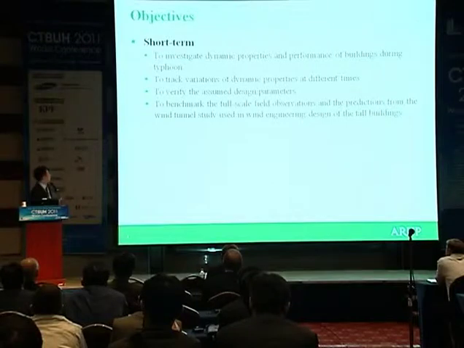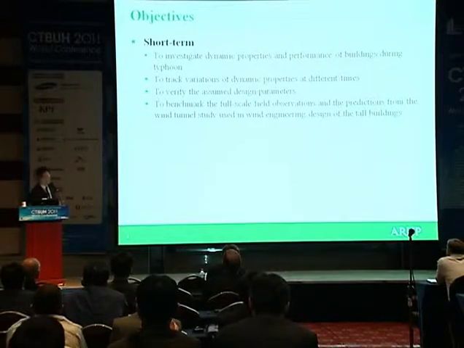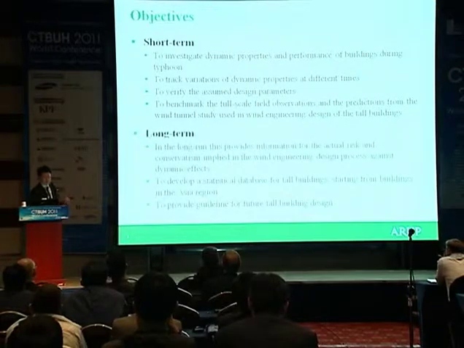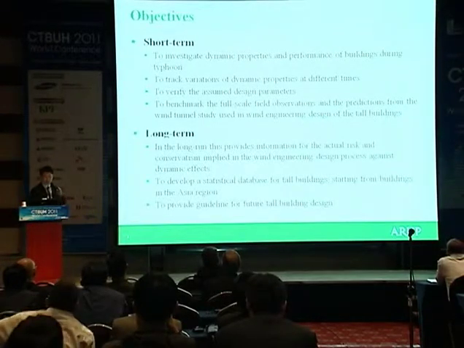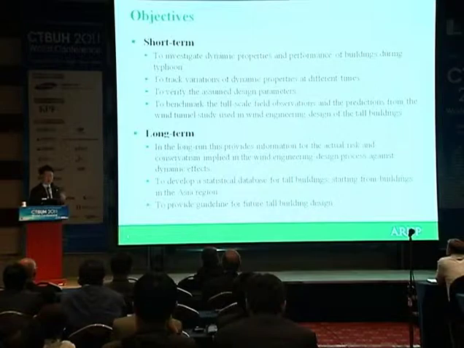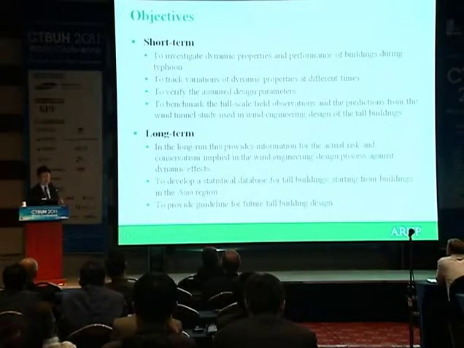The objective of this full-scale measurement is divided into two stages. In the short term, we investigate the dynamic properties that include the natural frequency of the buildings, the damping ratio, and mode shape. And in the long run, we want to provide information to assess the actual risks or conservatism we have embedded in the wind engineering design process.